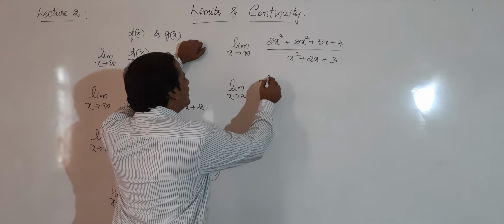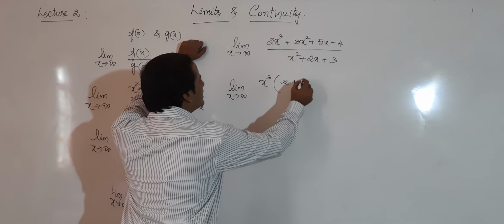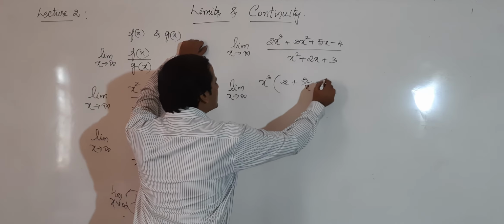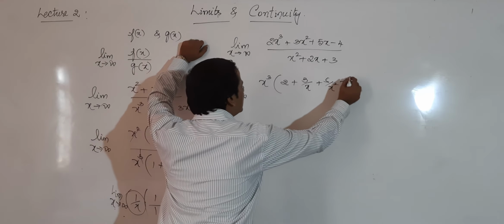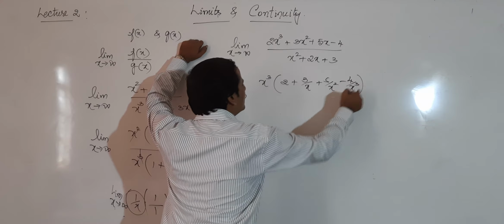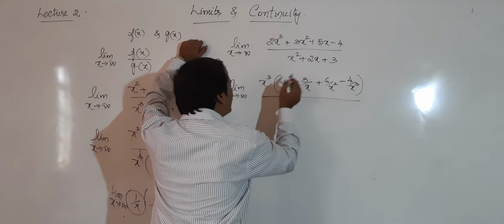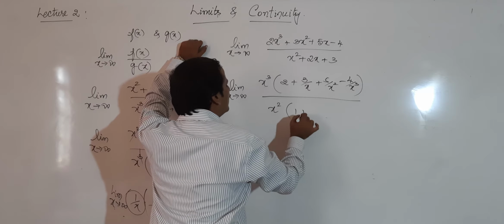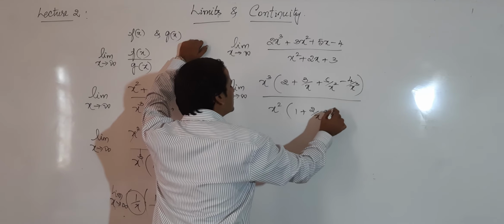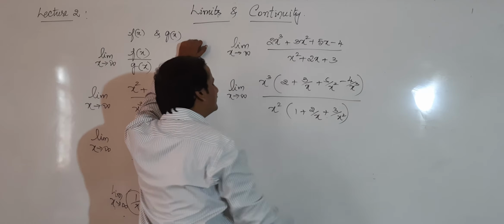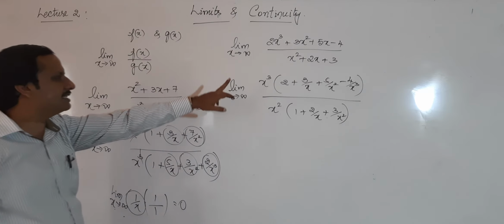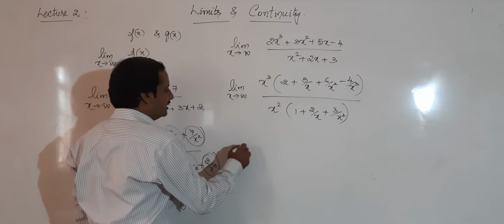So we will have x cube into 2 plus 3 by x plus 5 by x square minus 4 by x cube divided by, here I take x square as common, 1 plus 2 by x plus 3 by x square. Okay? So this x square gets cancelled.